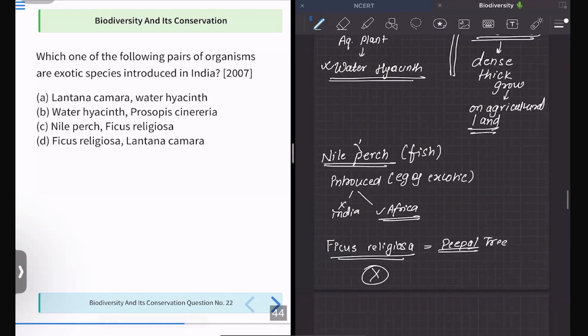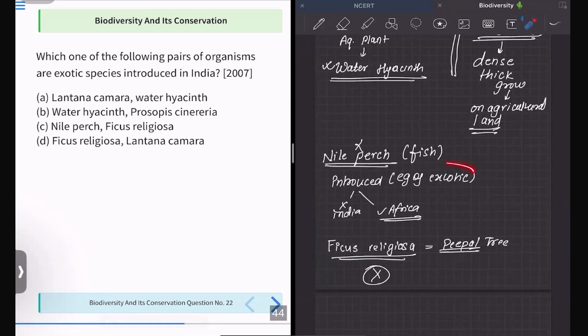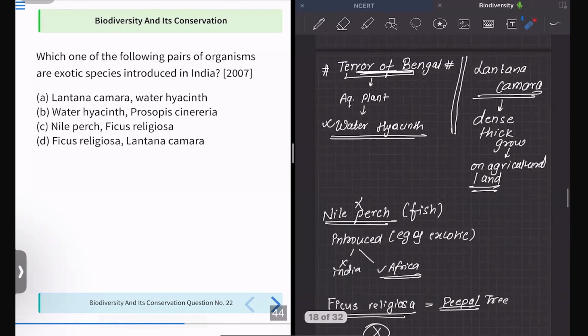Even Nile perch can't be the correct option. Why? Even though it is an example of an exotic species that was introduced from outside, since the question is saying specifically India, even the option containing Nile perch can't be the correct answer. So the correct answer would be the option containing water hyacinth and Lantana camara. That matches with option number A.